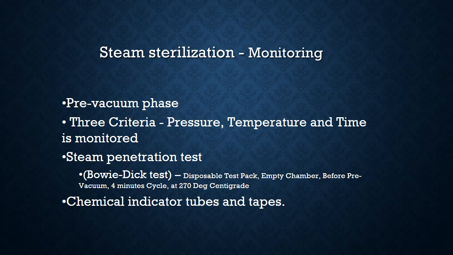At the end of your autoclaving cycle, when you're removing the instruments or the packed gowns, etc., you look at the indicator tubes, and if they've changed color, then you can be sure that all the packs, up to the back of the chamber, everything has had steam reach it and sterilization has been done.